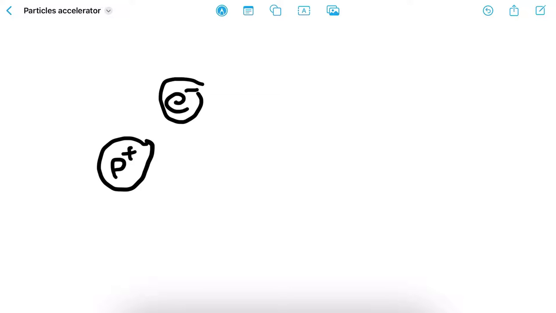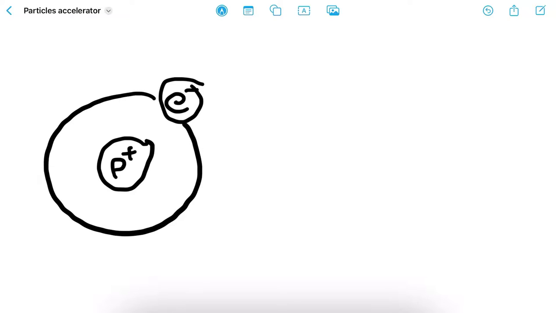To do that, we may first consider a hydrogen atom, which has a proton in its nucleus and an electron orbiting around it.